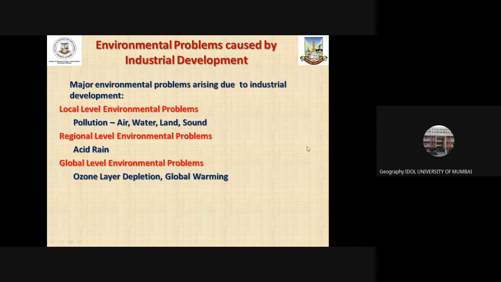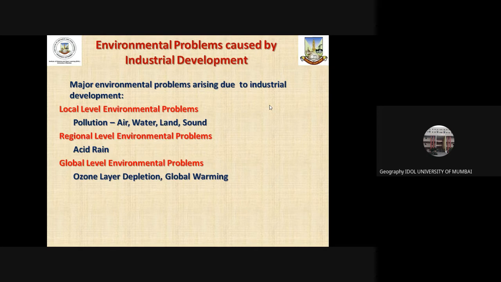And these problems can be categorized as local environmental problems, regional environmental problems, and global level environmental problems. Local level environmental problems caused by industrial development include different kinds of pollution like air pollution, water pollution, land pollution, soil pollution, and sound pollution.